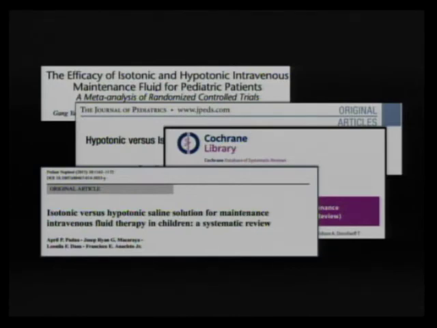So I know that I mentioned earlier that there's a study that came out that showed all this morbidity and mortality, deaths and neurologic problems with hypotonic fluids. These meta-analyses didn't actually show a whole lot of adverse events.